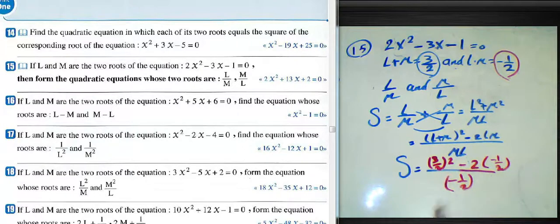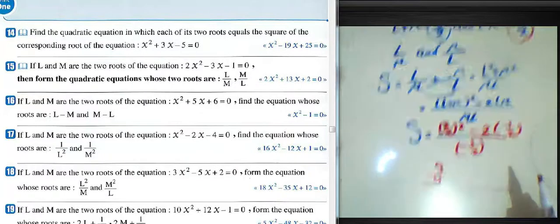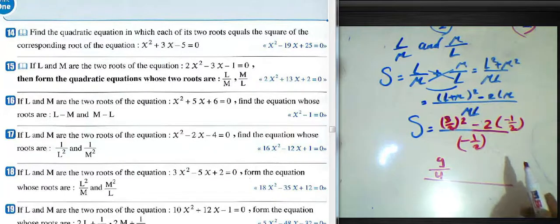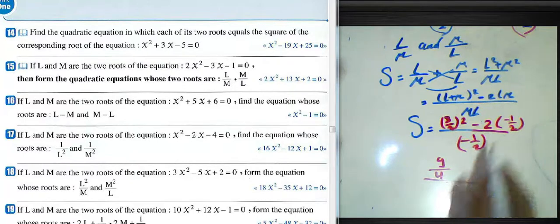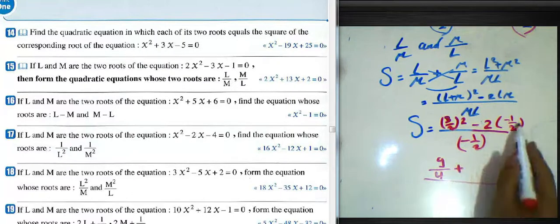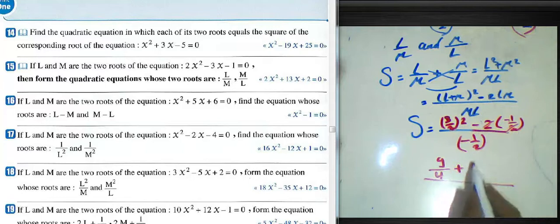So we can find the sum. 9 over 4. Is it clear? 3 over 2 to power 2 equals 9 over 4. Negative multiply negative equals positive. 2 divided by 2 equals 1. The result will be 1, divided by negative half.